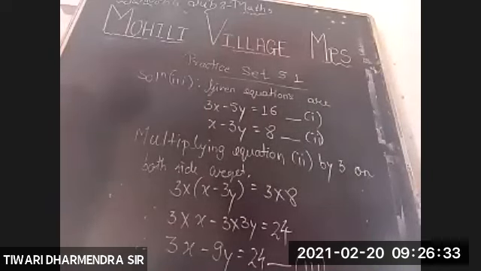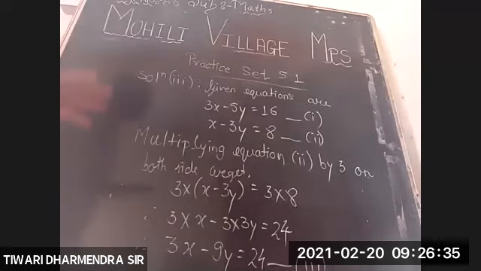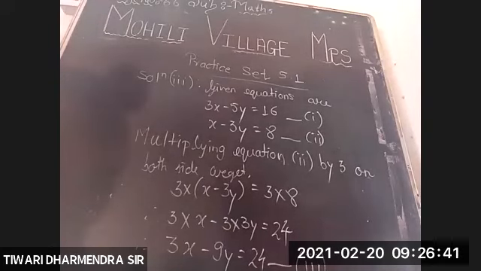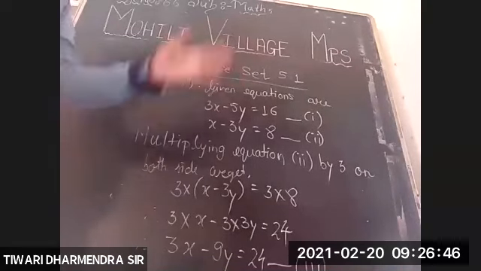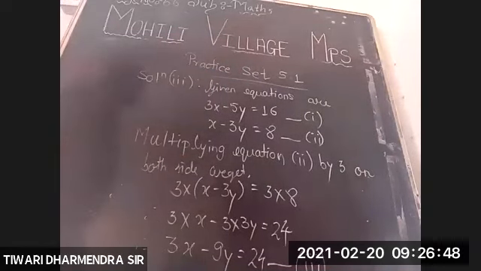So here, what we need to do, adding will not work. Adding will not work. You need to subtract. So subtracting equations, you can take either subtracting equation 1 from 3 or 3 from 1. What should I do? I will subtract 1 from 3.